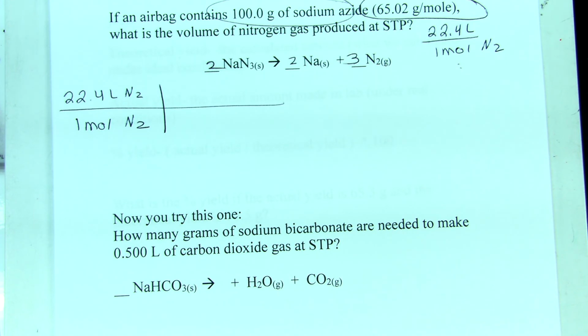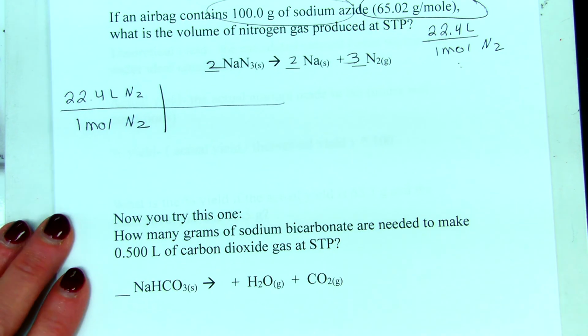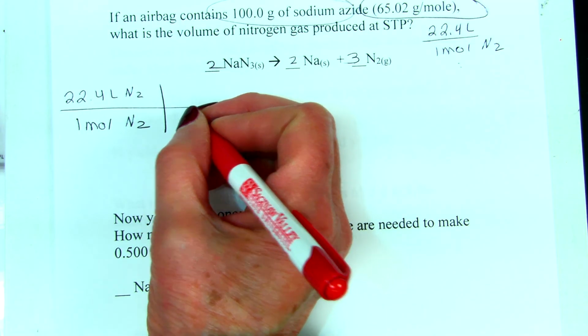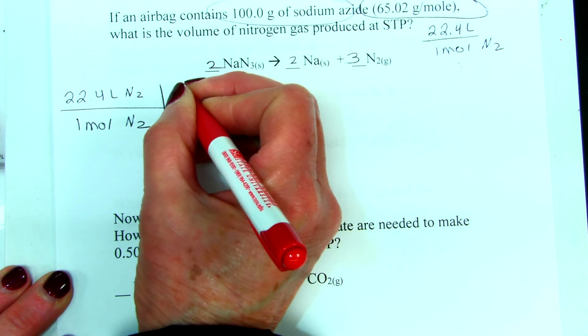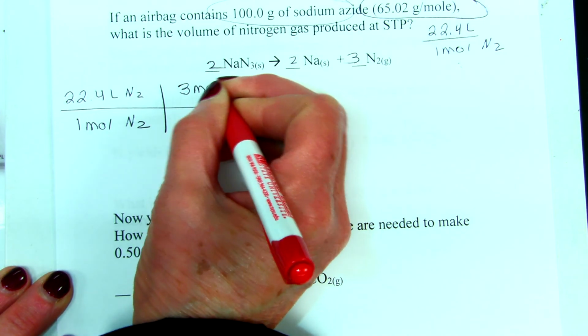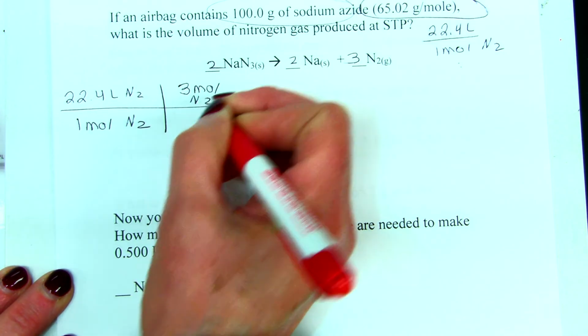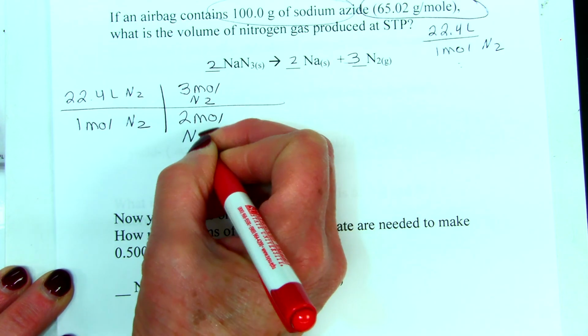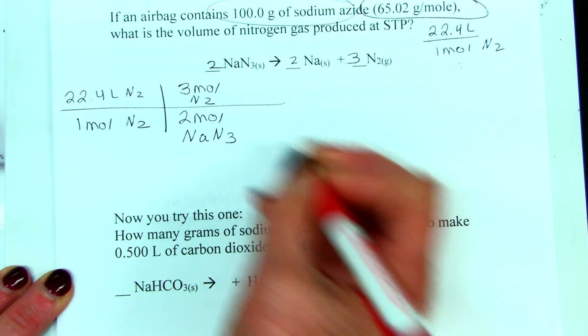To the equation, because do I want grams of nitrogen in here? No, I don't have anything else with grams of nitrogen, so I go to the equation. The equation is always going to be our second step, okay? So I have 3 moles of nitrogen for 2 moles of sodium azide, because I'm comparing nitrogen and sodium azide.